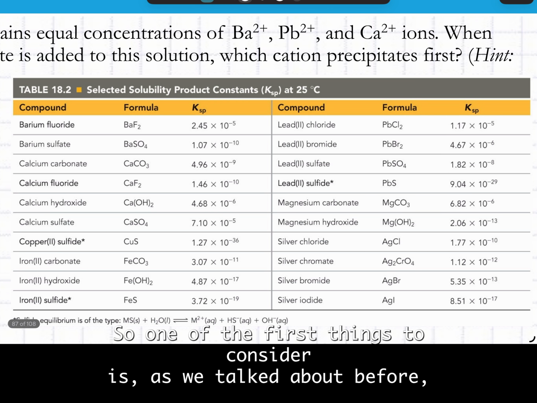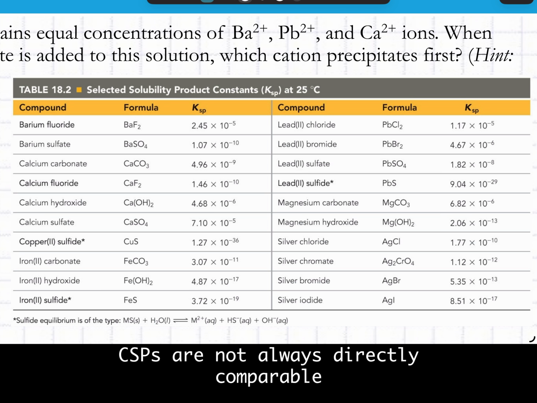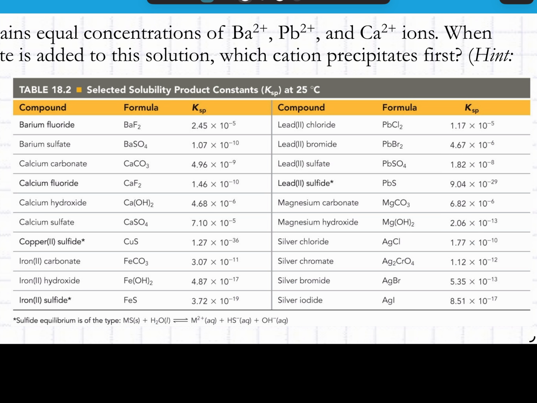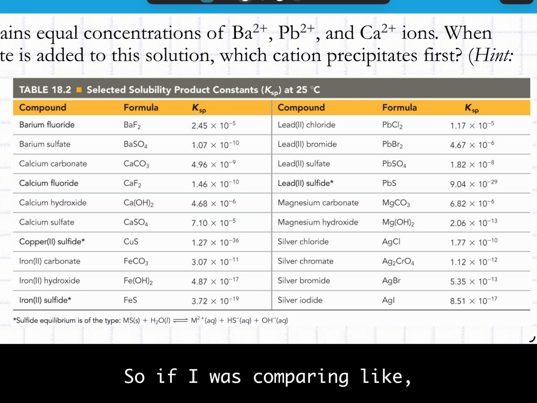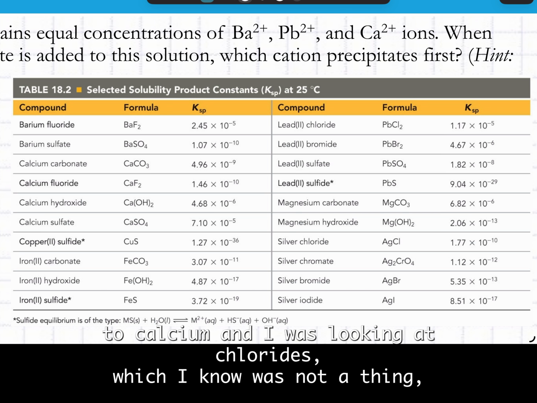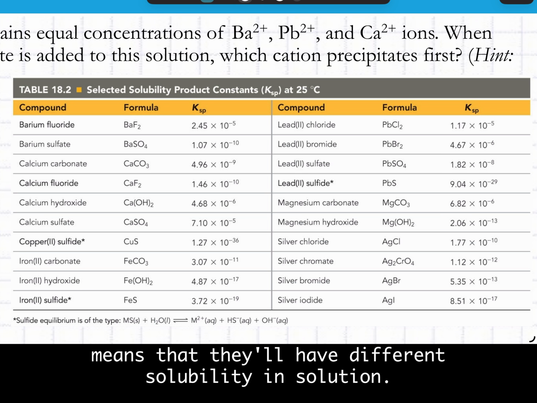So one of the first things to consider is, as we talked about before, KSPs are not always directly comparable, because if something produces a different number of ions, so if I was comparing, well, I don't know, aluminum to calcium, and I was looking at chlorides, which I know is not a thing, but 3 ions versus 2 ions means that they'll have different solubilities in solution.